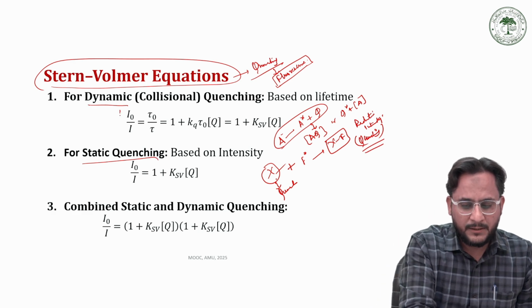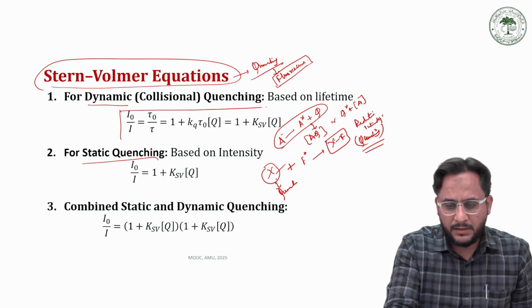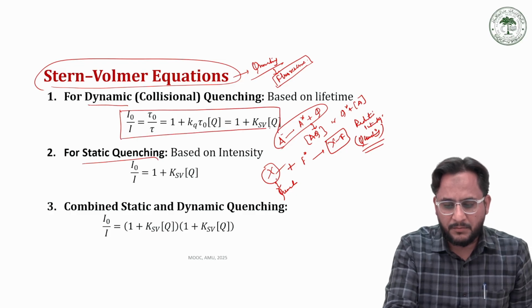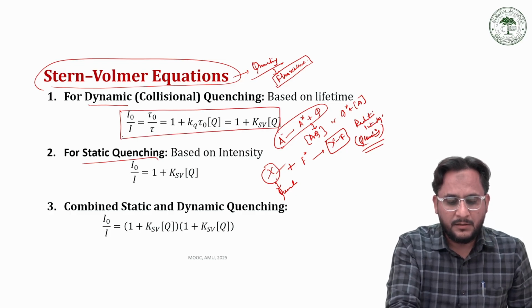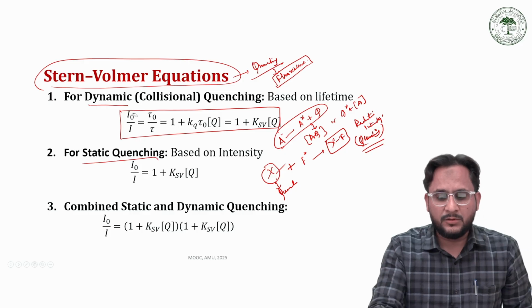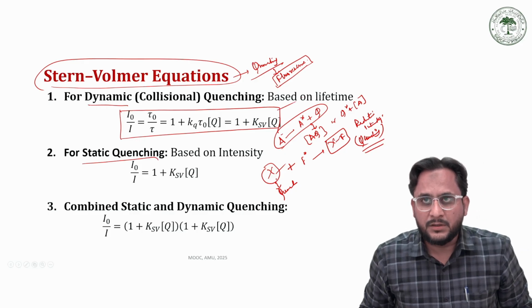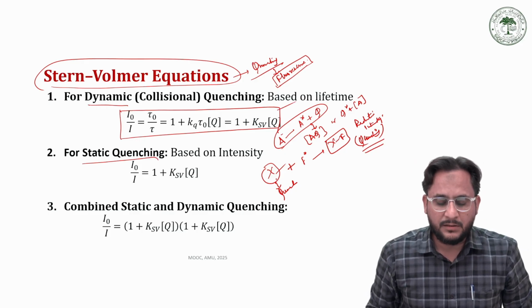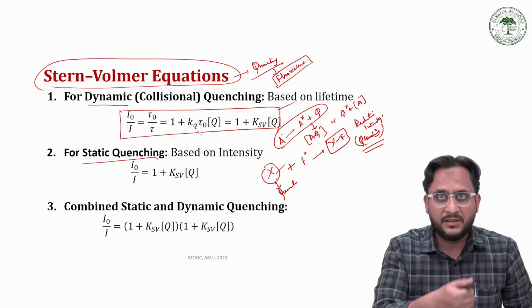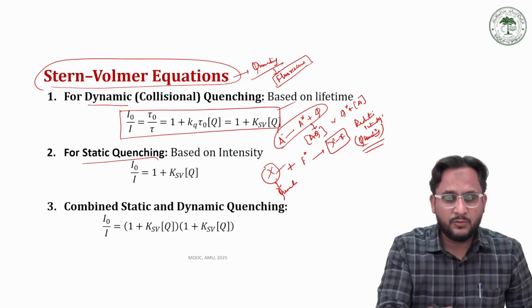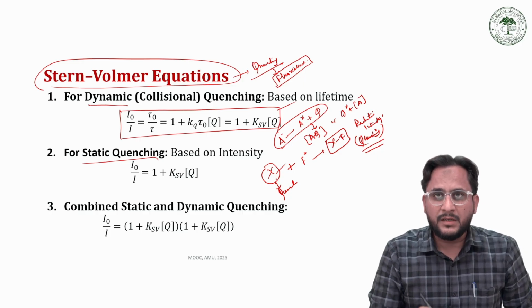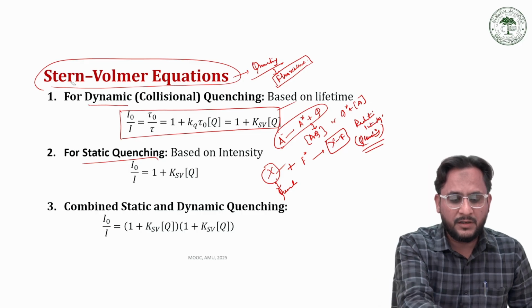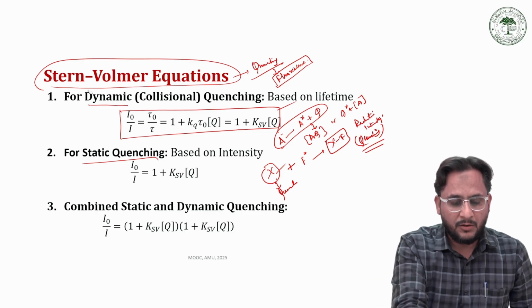Now this quenching is related to some parameters, and this relation or equation is called the very famous Stern-Volmer equation.